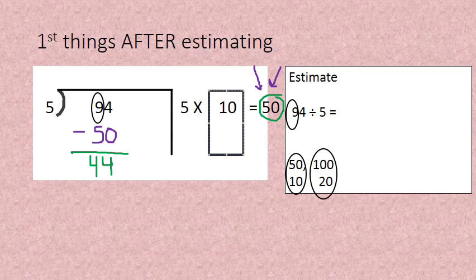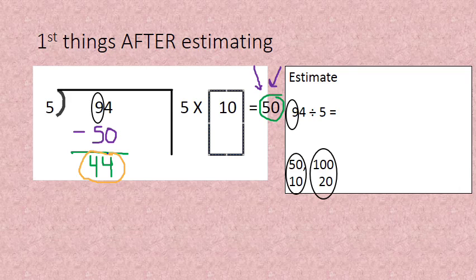Now, since this is our last example, I'm going to ask you, are we done? Is 44 our remainder? 44 is not our remainder, and here's the reason why. If I had 44 of something, if I had 44 Jolly Ranchers, or $44, or 44 Takis, or 44 cars, it doesn't matter.